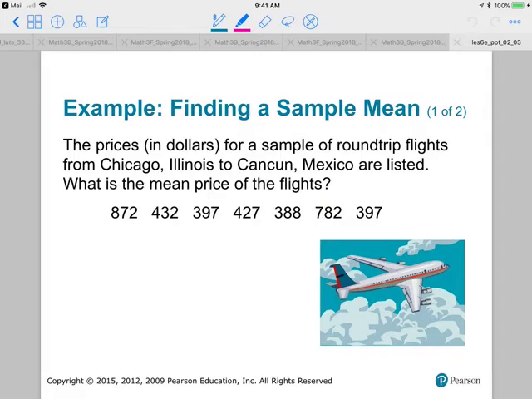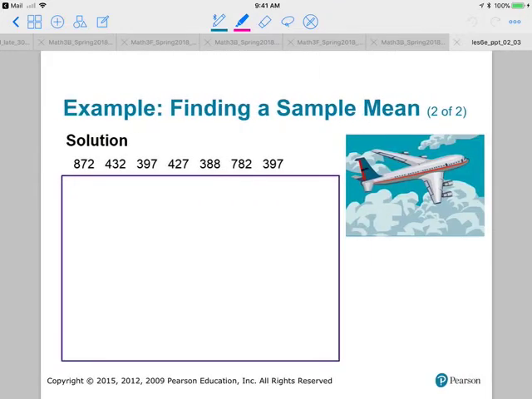Okay, so let's do this example here. So we're finding a sample mean. I'll pause a moment, pause it, read the example. Okay, so how are we going to do this? We need to find the mean of these values. So it's very simple. You should have your calculator out.